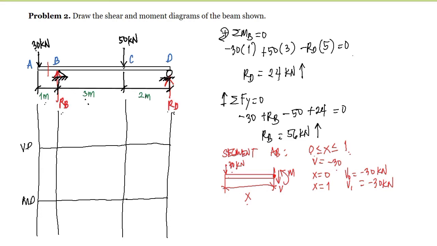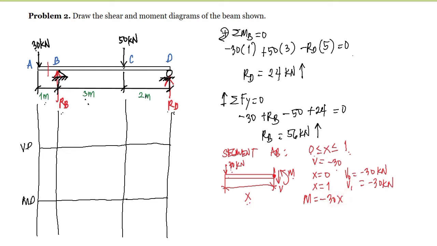And if we are going to determine the equation of the moment here, we have to summate moment at the section, and we have here moment is equal to this 30 kilonewton here will create a counterclockwise rotation with respect to this point, and that's negative 30 multiplied with the moment arm, which is x.